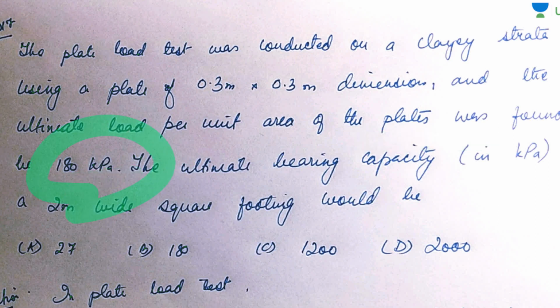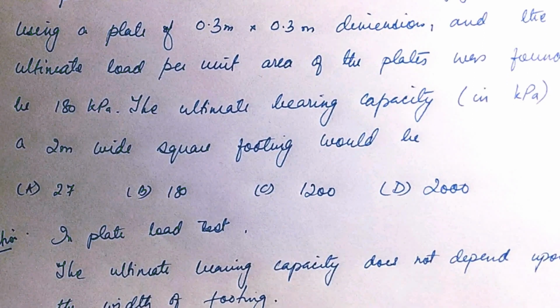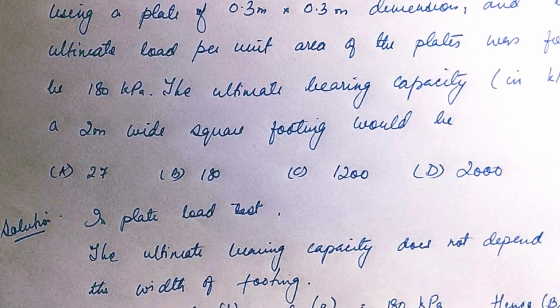This is given to us, and you need to find out the ultimate bearing capacity of a 2 meter wide square footing. The width of the footing is given to you, and the ultimate bearing capacity needs to be found out. Can you guess what your answer can be?